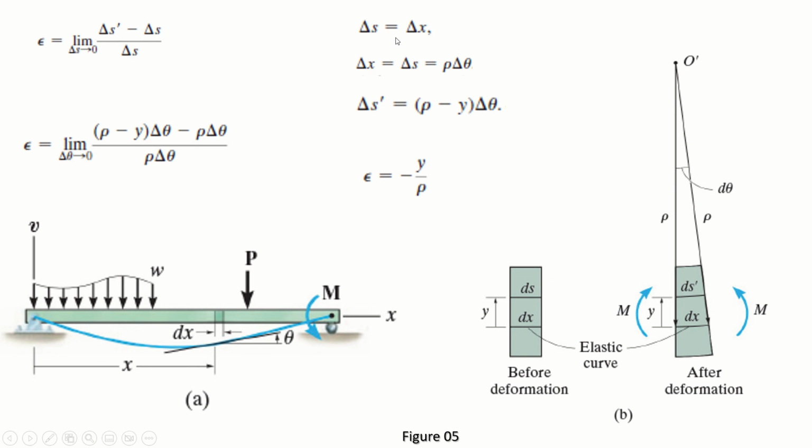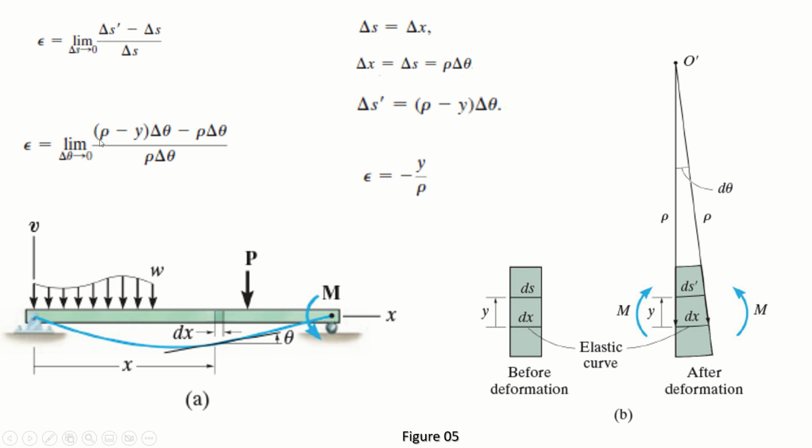So now we know the values for ds and ds dash, and we can put them in this equation: ds dash, which is now rho minus y into d theta, minus ds, which is rho d theta, divided by ds, which is rho d theta. So we can take d theta as common and it will get cancelled, and we solve rho minus y minus rho.